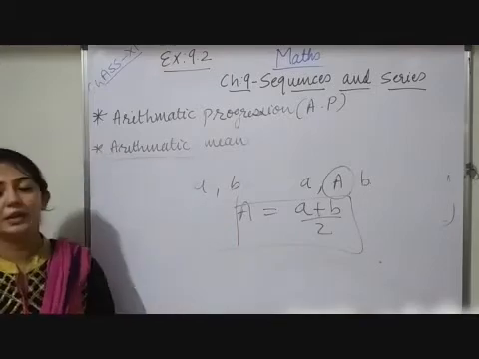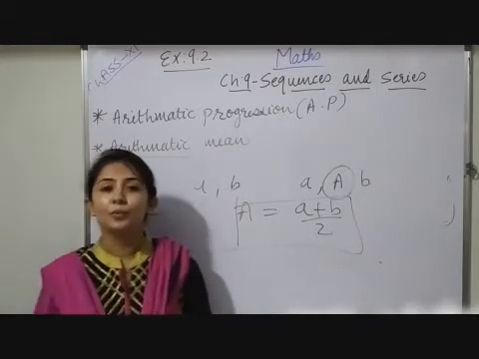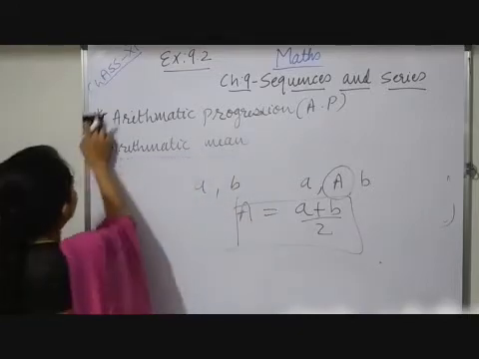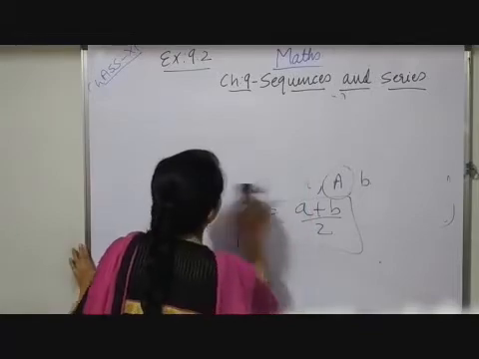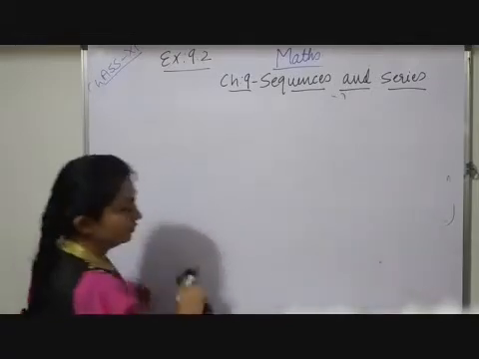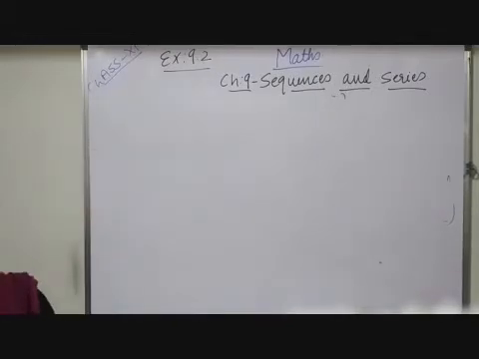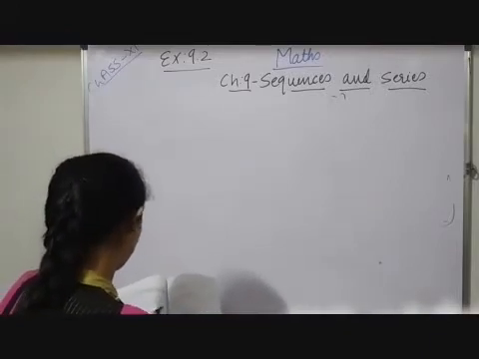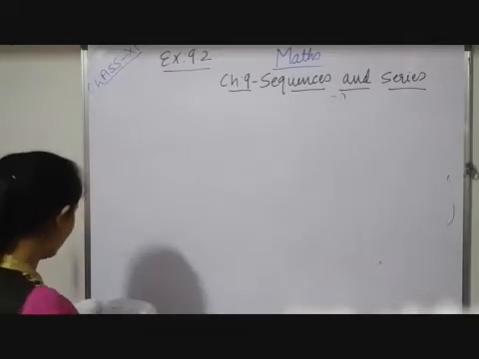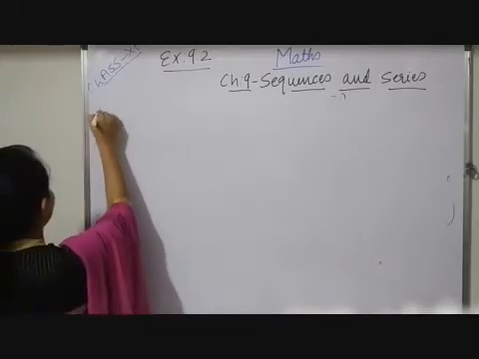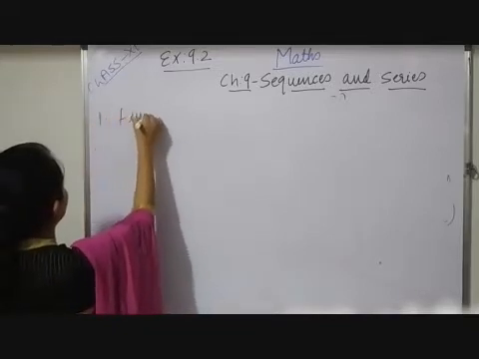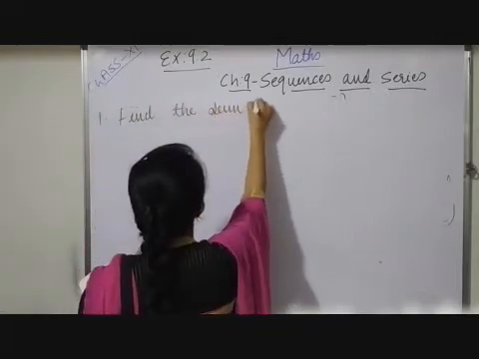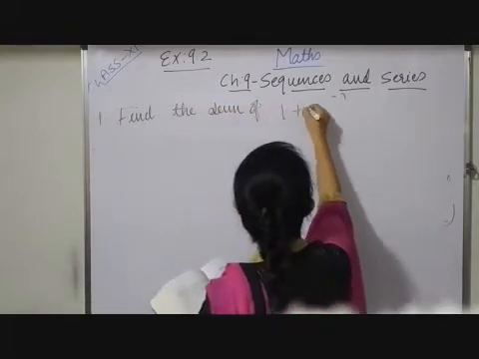Now, based on AP, from your exercise 9.2, I am going to discuss one question here. The first question is: find the sum of 1 to 2001.